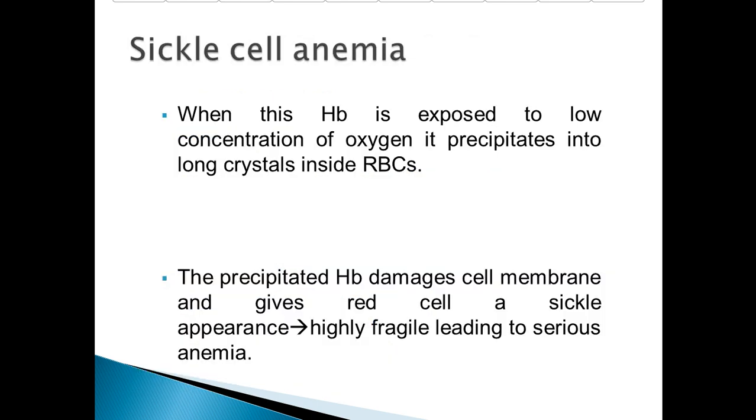While in sickle cell anemia, when this hemoglobin is exposed to low concentration of oxygen, it precipitates into long crystals inside RBCs. The precipitated hemoglobin damages the cell membrane and gives red blood cells a sickle appearance, highly fragile, leading to serious anemia.